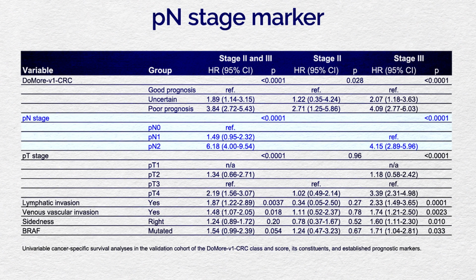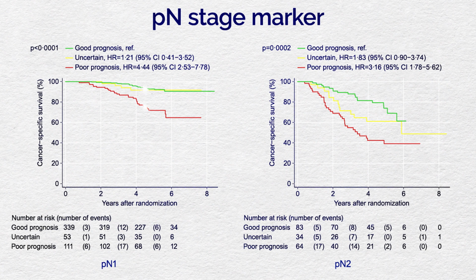PN stage describes the tumour spread to lymph nodes and is known to be important for patient prognosis. PN2 identifies patients with at least 4 lymph node metastases and is a strong predictor of poor outcome. The Tumor V1 CRC marker identified patient groups with substantially different cancer-specific survival within both stage PN1 and PN2.